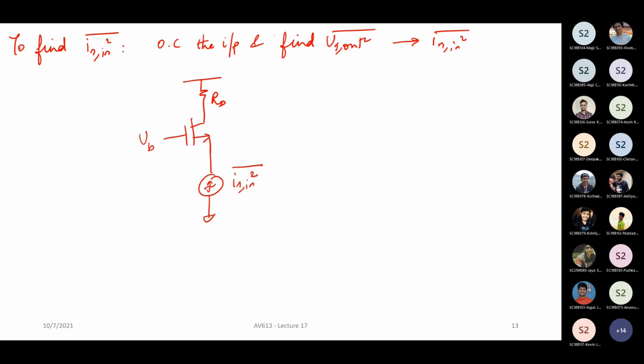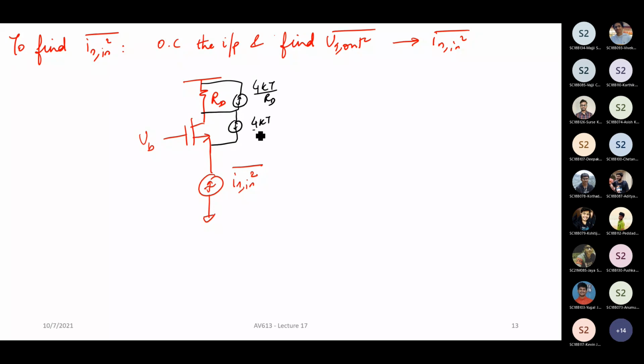So again, what do you get here? Here there's a very interesting thing that happens. This is 4kT by RD.